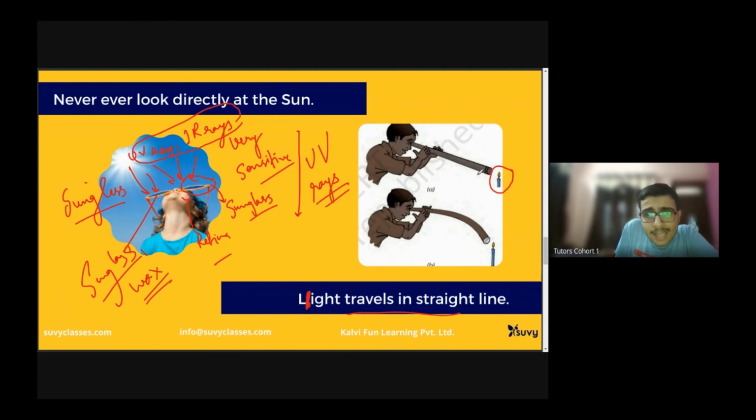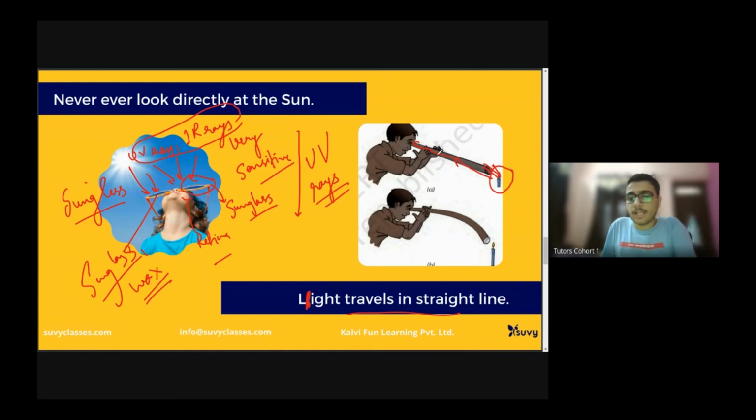Why? Because the light emitted from the candle will come in a straight line and enter. Okay, I'm unable to draw it clearly. So this light will be coming from here like this in a straight line. Just assume it to be a straight line.